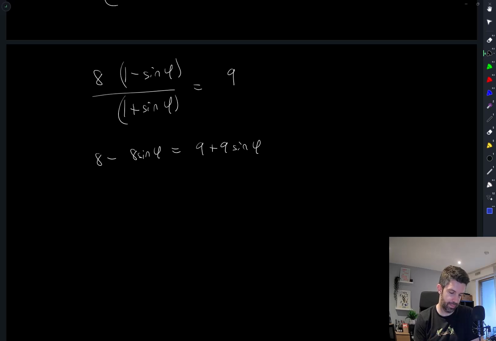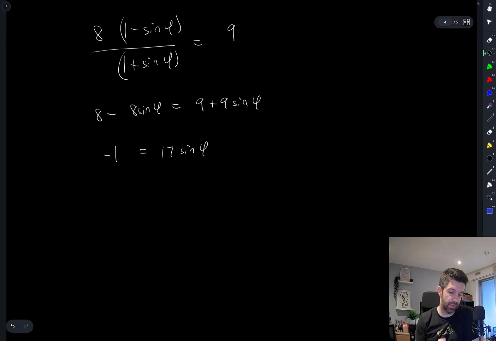Interesting. Okay, so 8 minus 9 is negative 1 is equal to 17 sine phi. That does not look like a nice number. But I don't really care what phi is, I care what sine phi is. So sine phi is equal to negative 1 over 17.